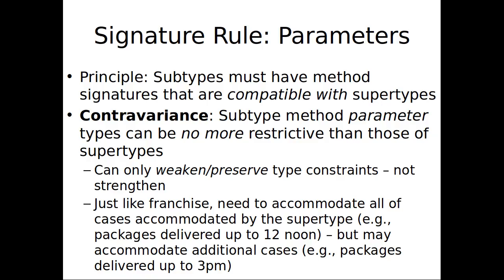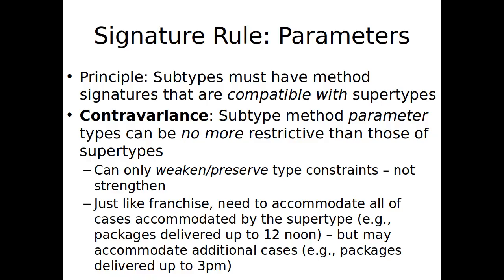Okay? So if you've got a subtype, the parameters can be more general. It could be a supertype of the corresponding parameters of the corresponding method in the supertype. So it varies in the opposite way. That's why it's called contravariance.